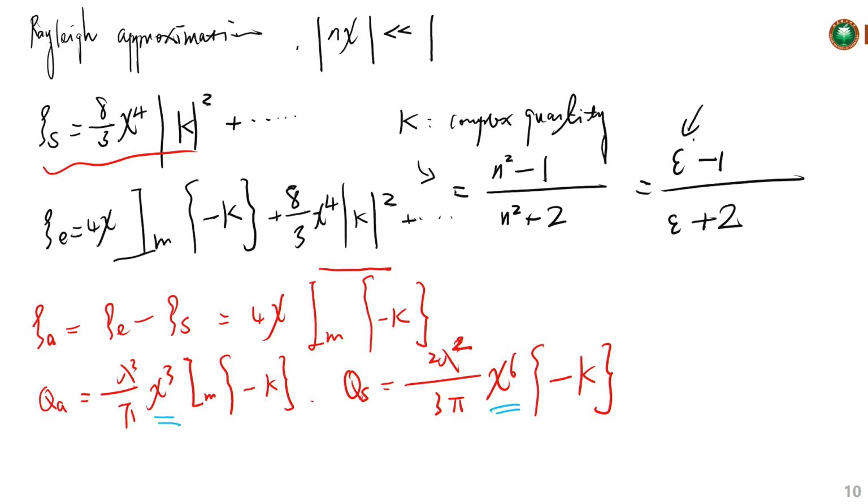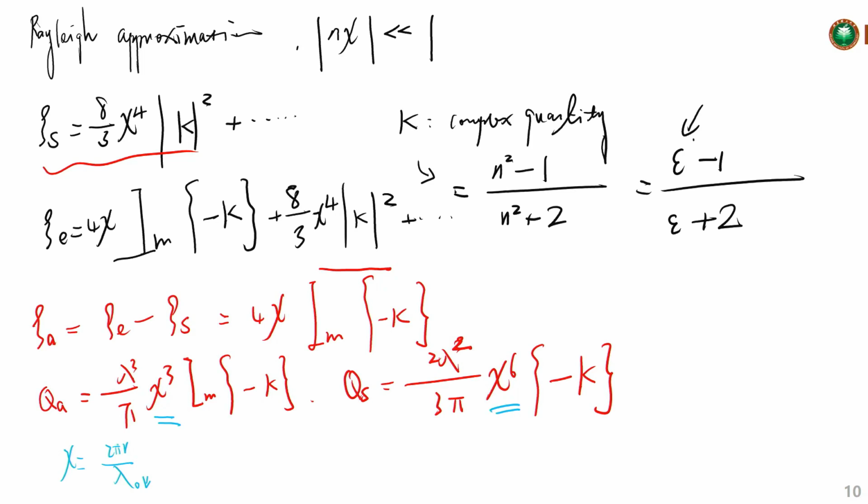So we can get a conclusion: because this term is related to chi, which equals pi r over lambda naught, it is inversely related to the wavelength.